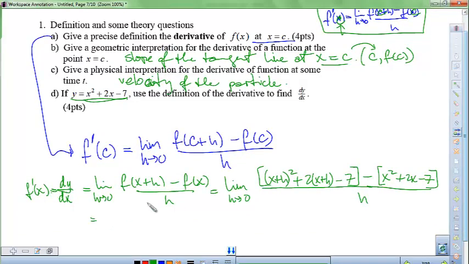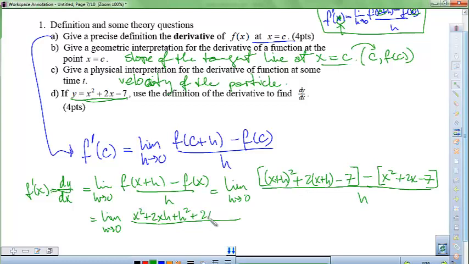So we have not taken the limit yet, so we'll keep this limit symbol here. Now the first one gets FOILed out. This is x squared plus 2xh plus h squared. That's the very first term.